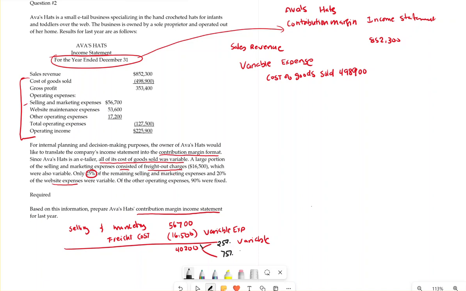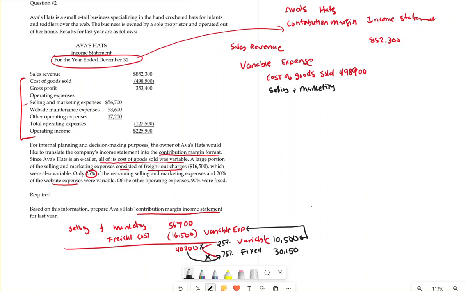If I take 40,200 multiplied by 25%, I get 10,050, and this is my variable. I take the 40,200 multiplied by the 75%, I get 30,150, and this is my fixed. The freight and the variable portion are both variable, so I need to add both of them for my selling and marketing expenses.